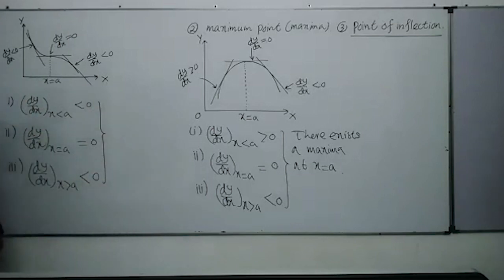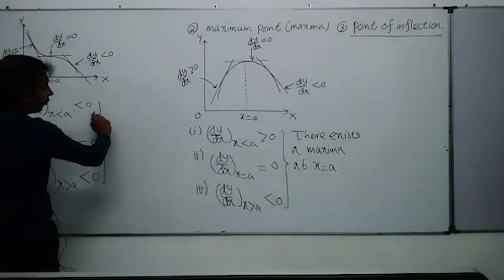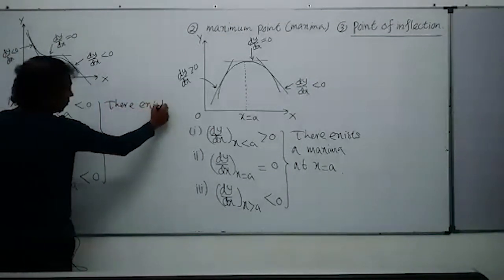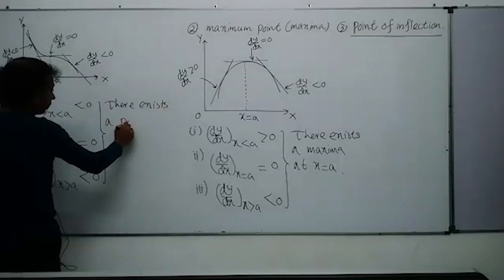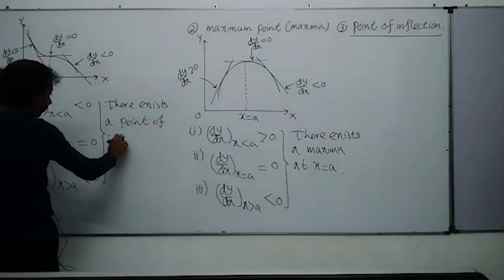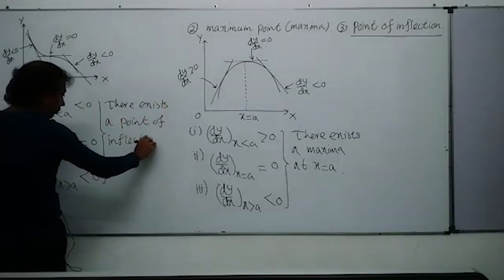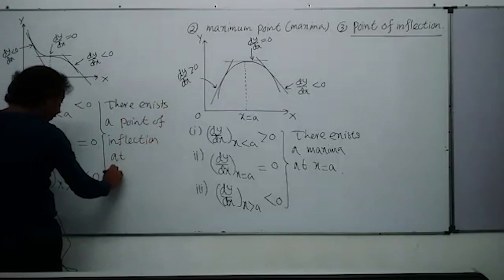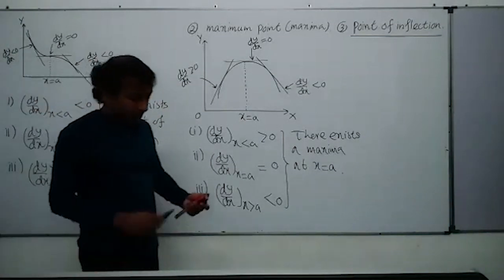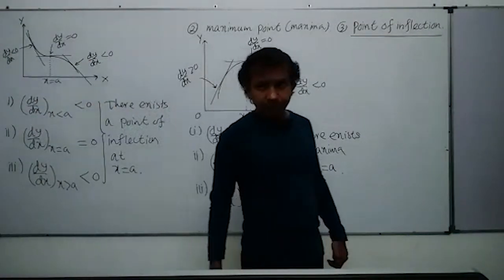This says at x equals a, there exists a point of inflection. The other possibility, the point of inflection occurring in the other way.